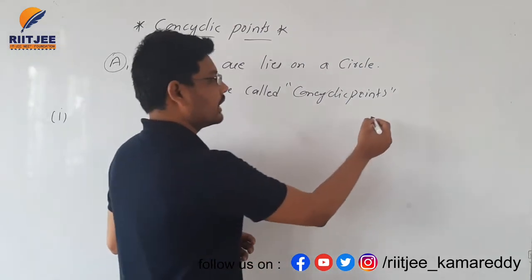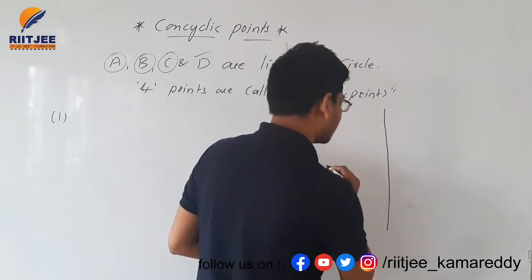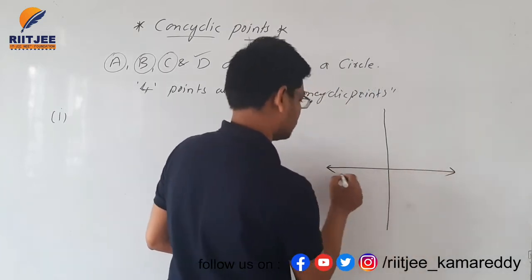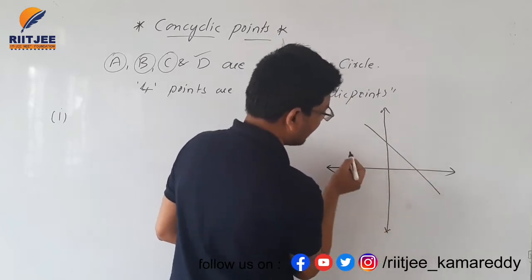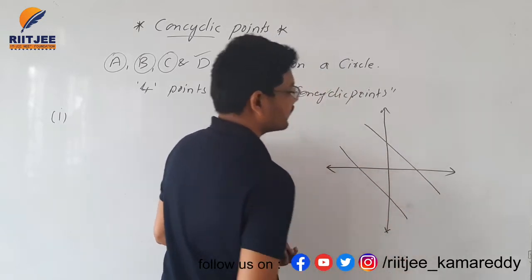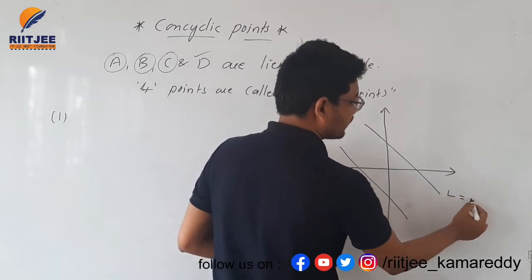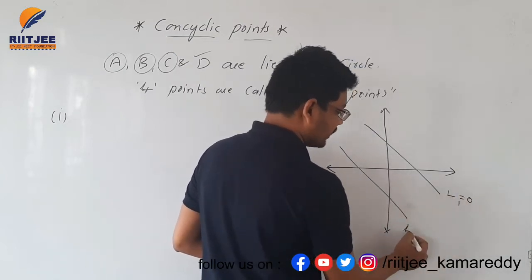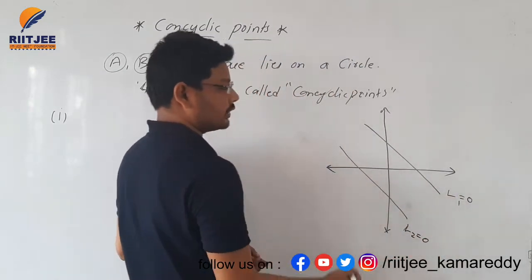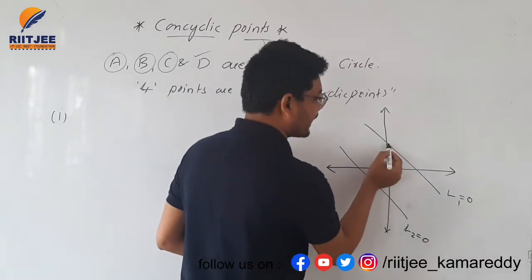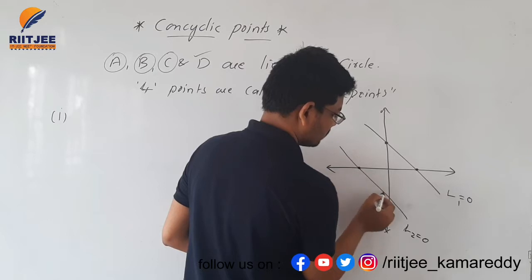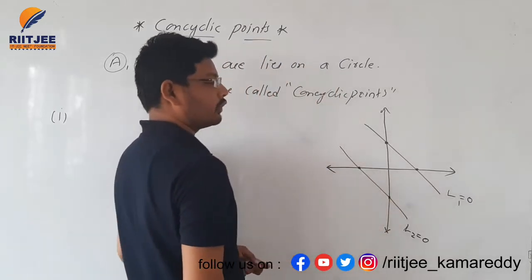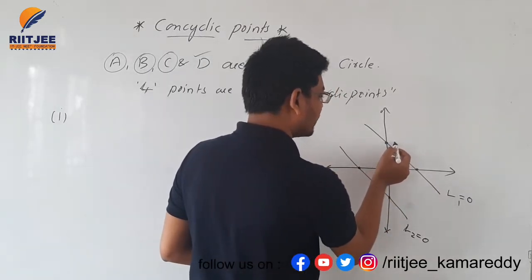For example, I am drawing the coordinate axes here. Here this is a line and this one is a line. These two lines, L1 equal to 0 and L2 equal to 0, intersect the coordinate axes at 4 distinct points.